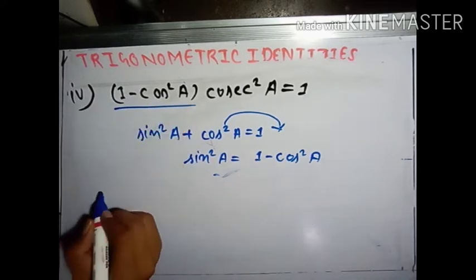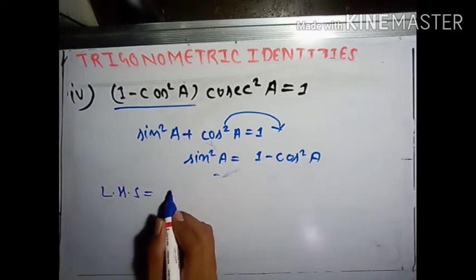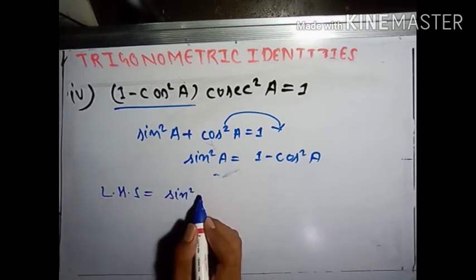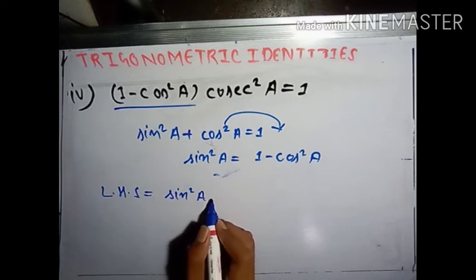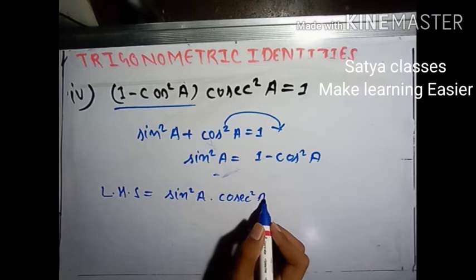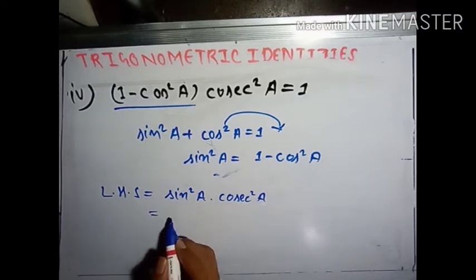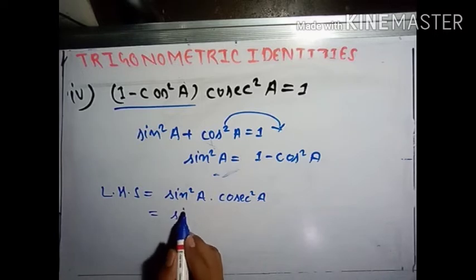Understand? So in the place of 1 minus cos square a, you can simply put sine square a. So taking LHS is equal to sine square a, and thereafter multiplied with cosec square a. Now what about cosec square a? It is the reciprocal of sine square a.